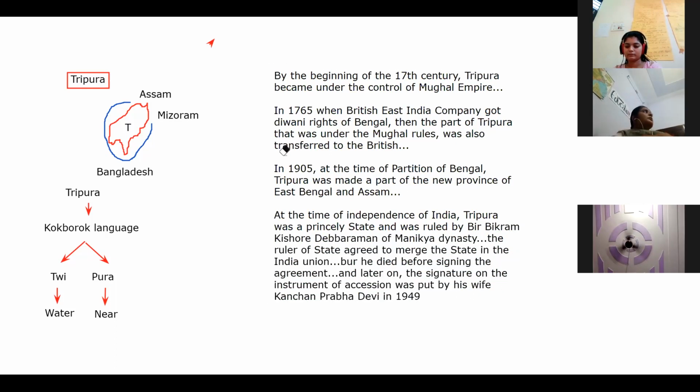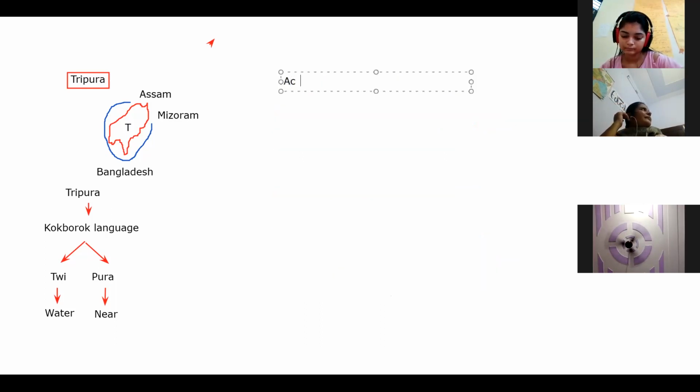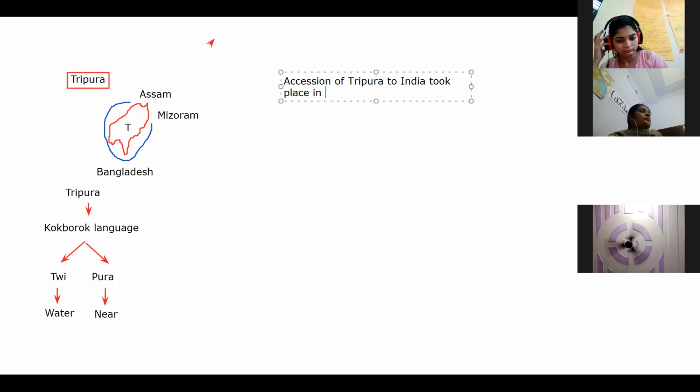So we can say that Tripura became a part of India in 1949. It means the accession of Tripura to India took place in 1949.